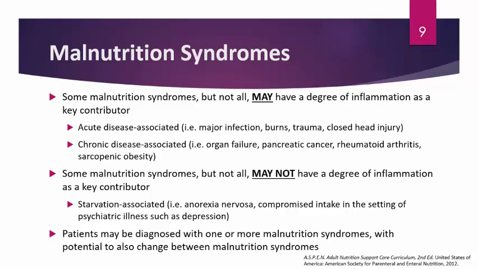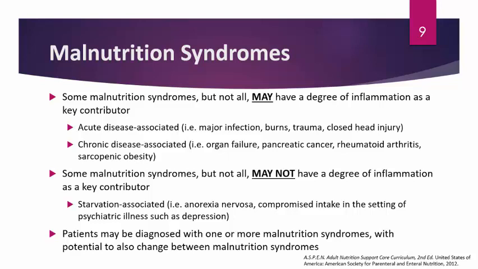Now, in contrast to those malnutrition syndromes that have inflammation as a key contributor, there are many malnutrition syndromes that don't have a degree of inflammation as a key contributor. Typically we call those the starvation-associated malnutrition syndromes. Those are things such as anorexia, or even some other compromised intake in the setting of a psychiatric illness, such as depression or anxiety.